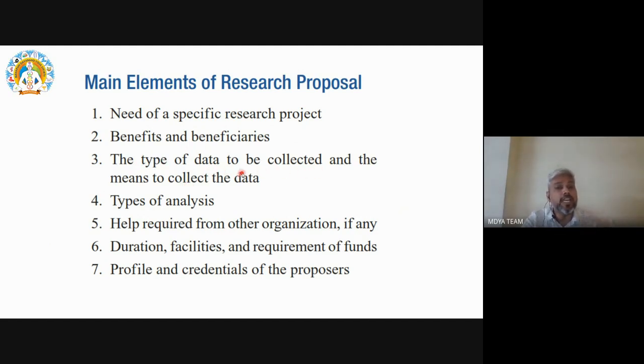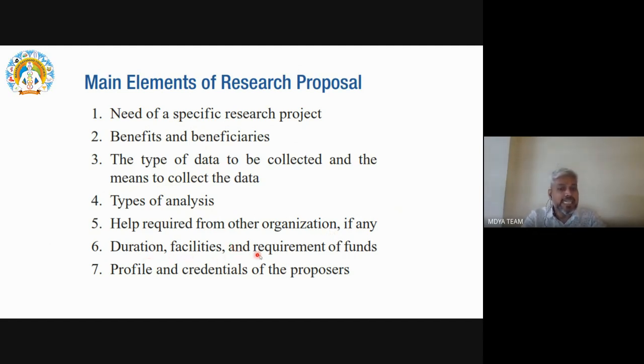The type of analysis, again what kind of analysis you will do. Help required from other organizations or institutions, if any.